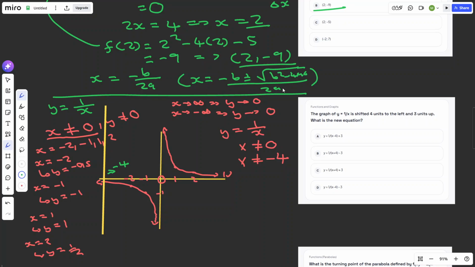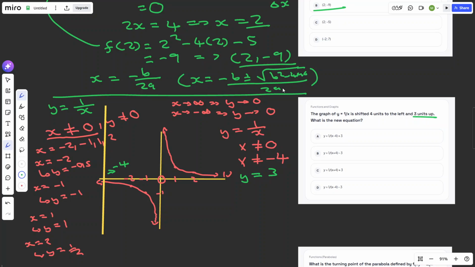So if we were to transpose this and integrate it into our function here, while also considering this other portion here where our function shifts 3 units up. So our function shifts 3 units up. What does that mean? That y is basically equal to 3.